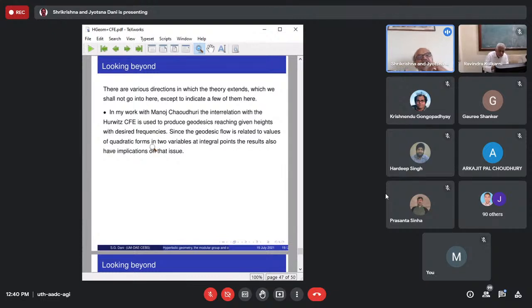There has been a lot of study of values of quadratic forms, which are expressions of the form sigma a_ij x_i x_j, with a_ij symmetric. The values of quadratic forms have played a very important role in the mathematics of the last half a century or so, and there are some important conjectures about quadratic forms which were solved in the 1980s by Margulis.